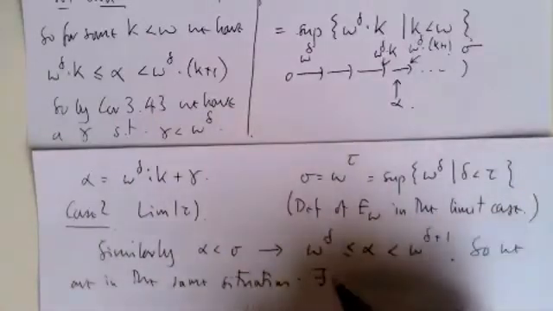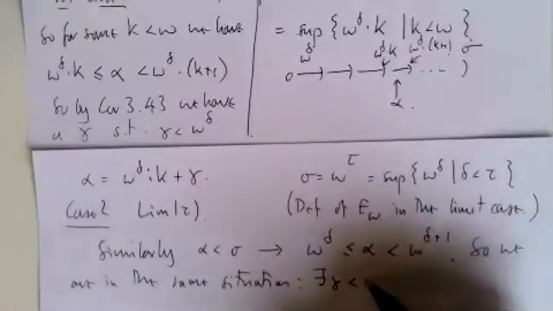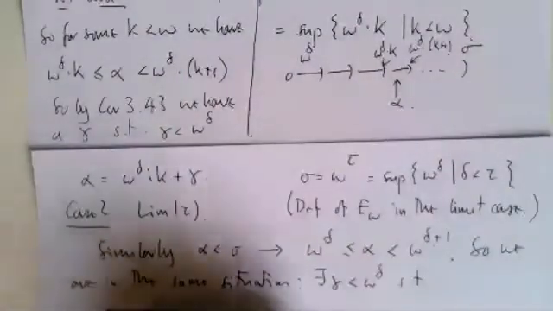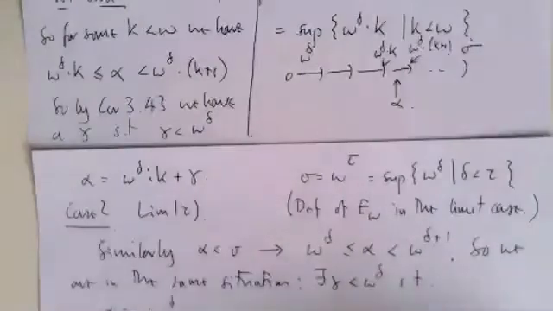There's a gamma less than omega to the power delta, so that alpha is omega to the power delta.